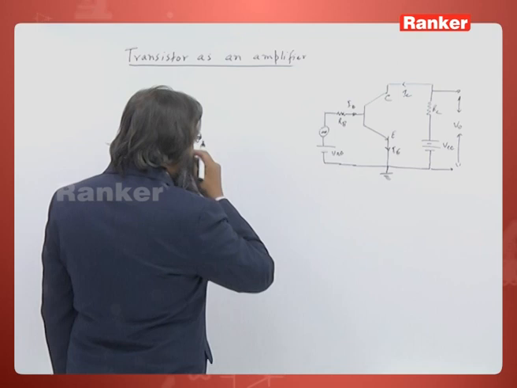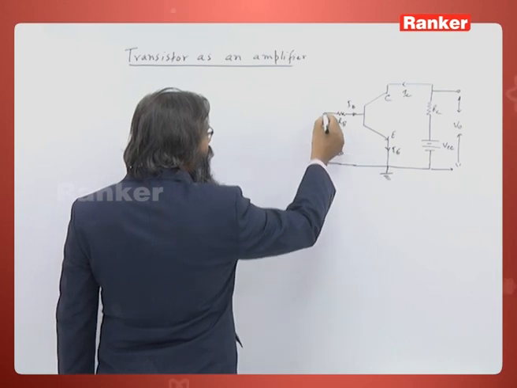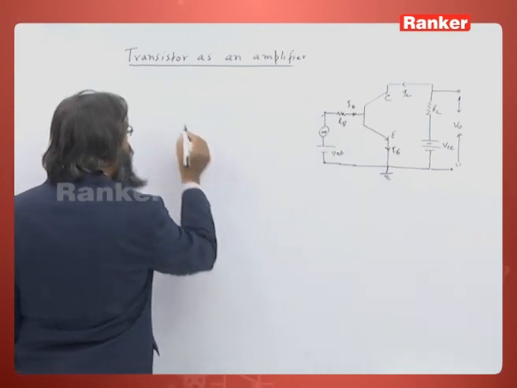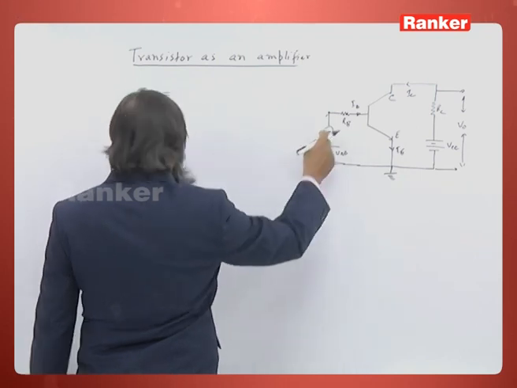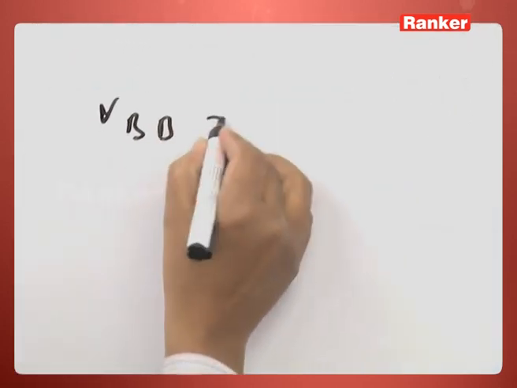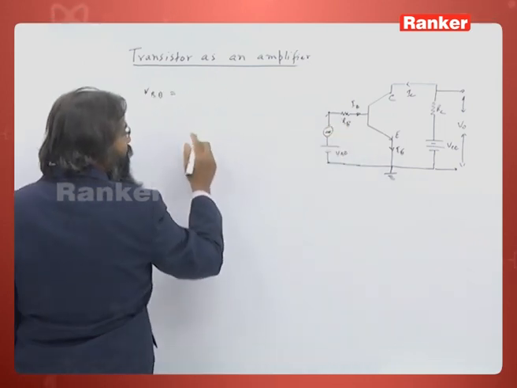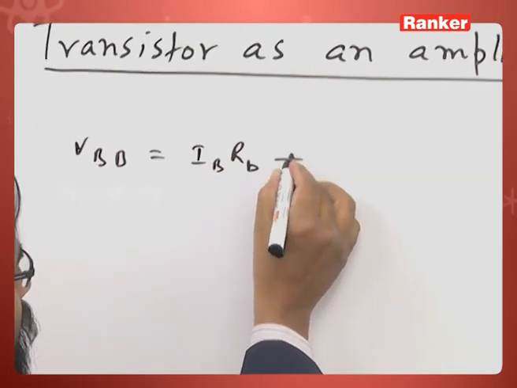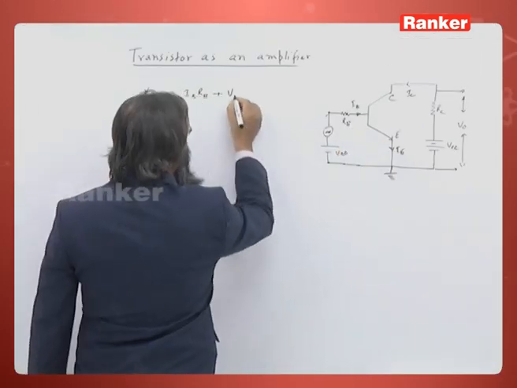Now let us apply Kirchhoff's law in the input circuit. Suppose there is no input, Vi is 0. Then VBB is equal to IB RB plus VBE.